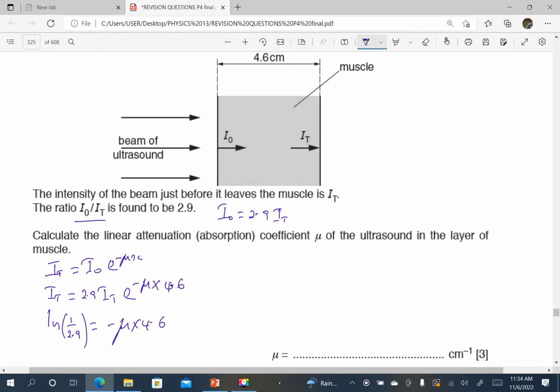When you divide to get mu, you get mu as 0.231, or approximately 0.23 per centimeter.